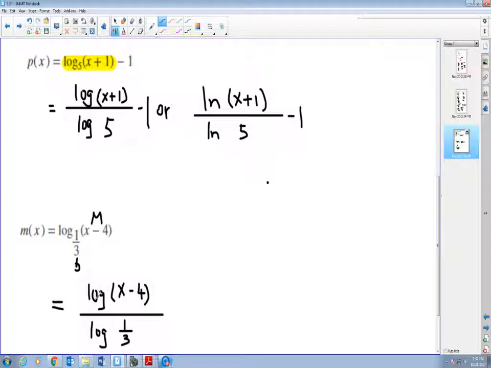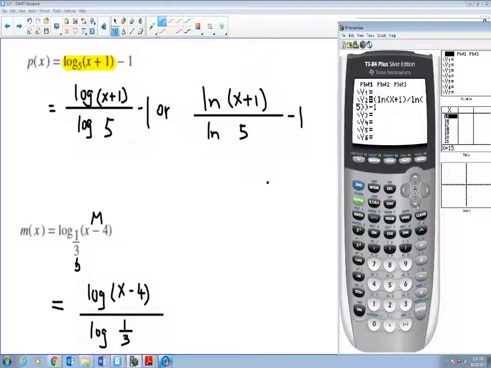I can do it using log or natural log, so I'm going to type in natural log: natural log of x minus 4 divided by natural log of 1/3. Maybe you can key in log and look at our graphs. It will be exactly the same thing. Okay, let's go in this direction.